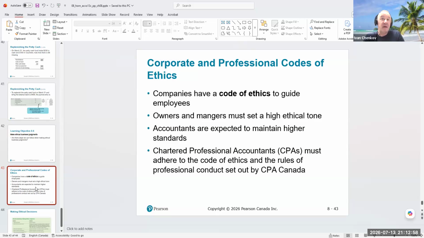Now, as a CPA, I am bound by the code of ethics and rules of professional conduct set by CPA Canada. So there are certain things that I can do and certain things I cannot do.